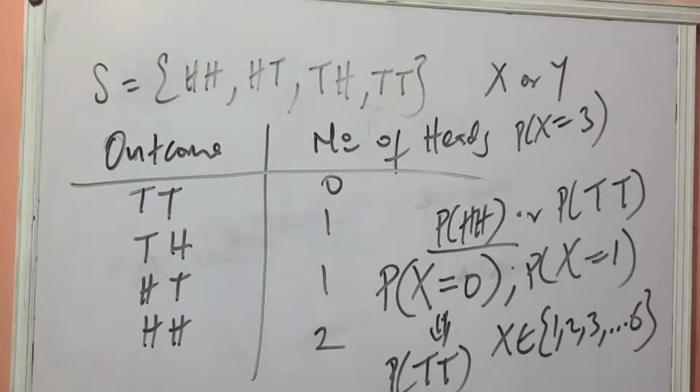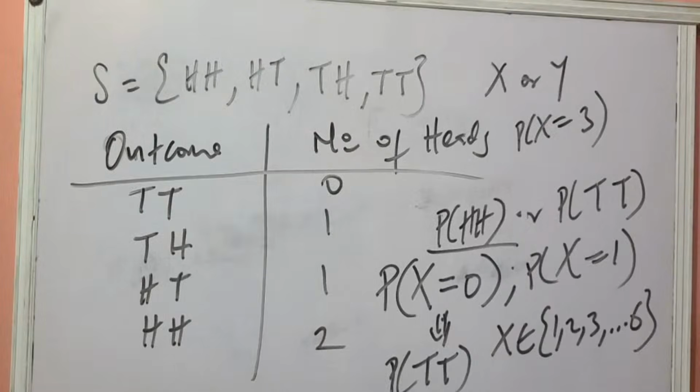Now, don't forget that it must be a random process, because if it's not a random process, that will not be a random variable. All right. Now, I believe you understand this greatly now. Is there anybody still having any issue with understanding what a random variable really represents? Anybody still having any issue?